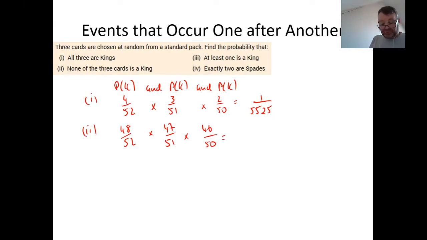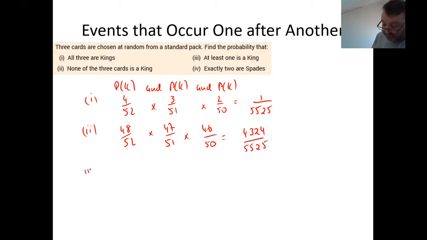So 48 over 52 multiplied by 47 over 51 multiplied by 46 over 50. And that comes out as 4,324 over 5,525. Another way to explain that, a very high probability.